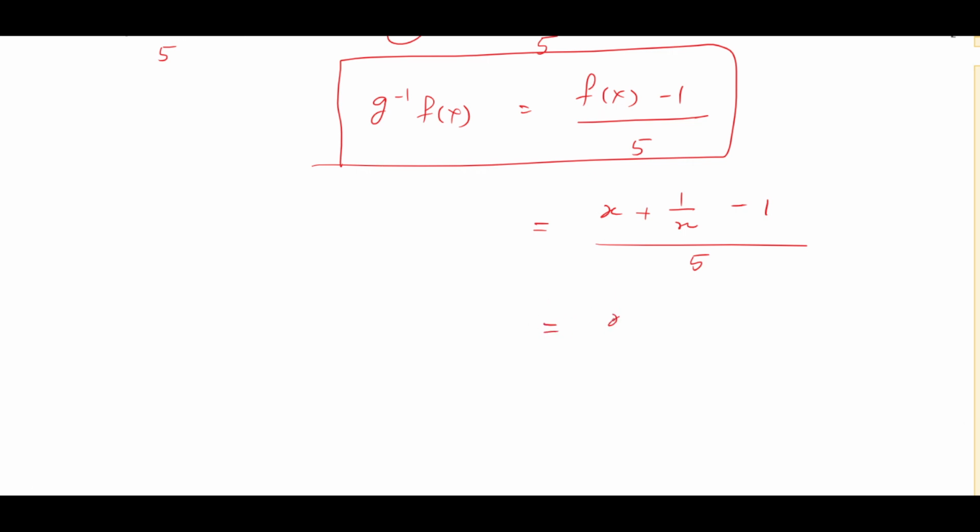So if I simplify, it is x square plus 1. So this is x square minus x plus 1 divided by 5x. This is your final answer for g inverse of f(x).